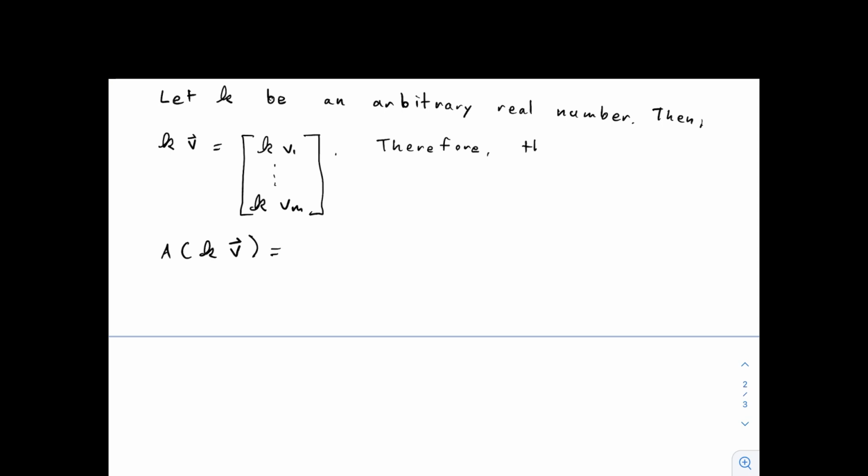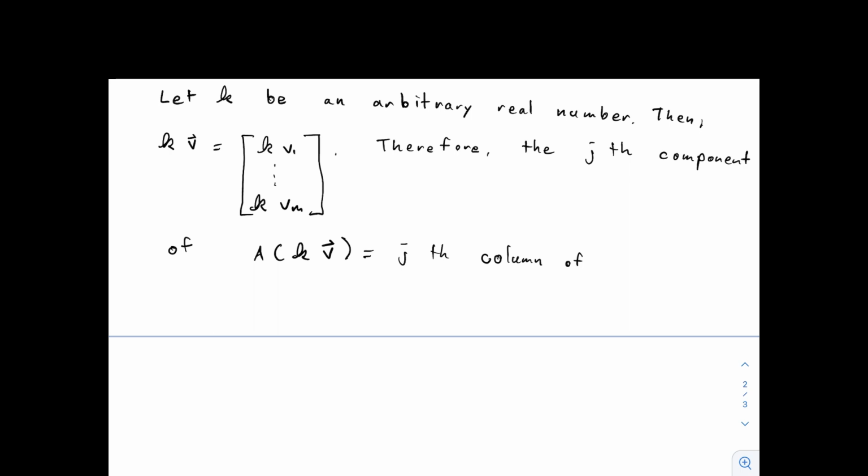So the jth component of A times kv is the jth row of A dot product with our vector k times v.